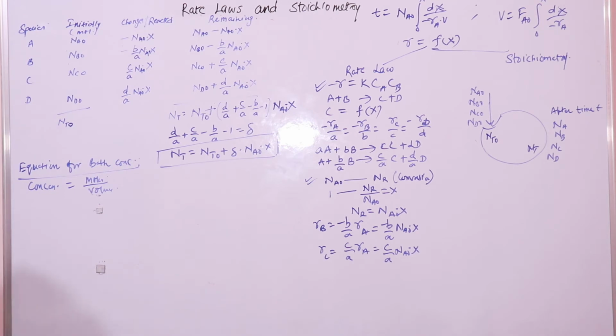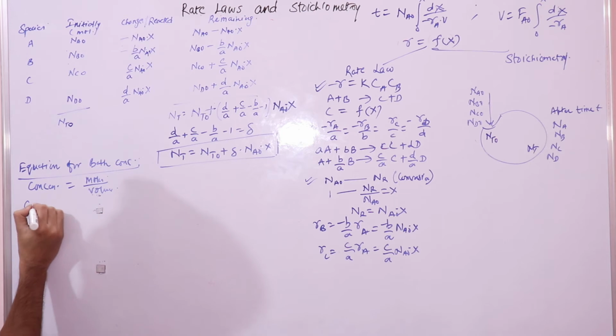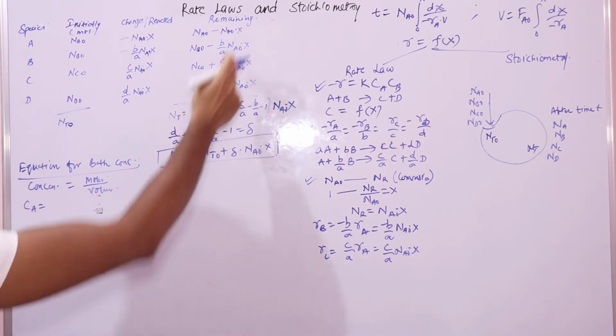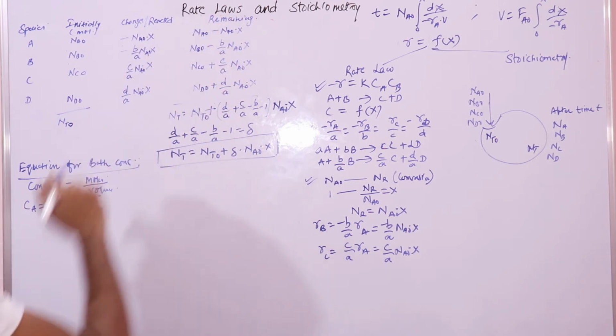For A, Ca would be, these are the number of moles remaining, right?